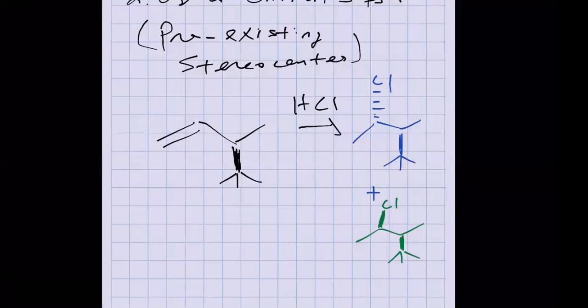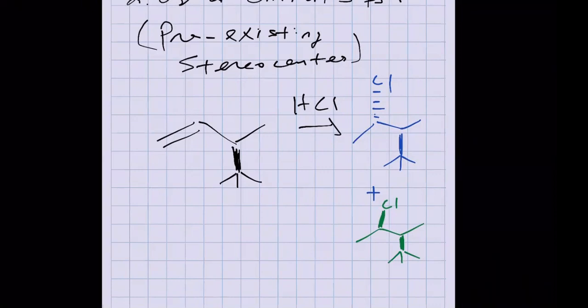Which one of those two do you think is going to be favored? All right, think about it in terms of sterics now. You think a big fat chlorine atom wants to be on the same side as a big fat tert-butyl group? Or would they prefer to be opposite to one another? They want to be opposite, right?